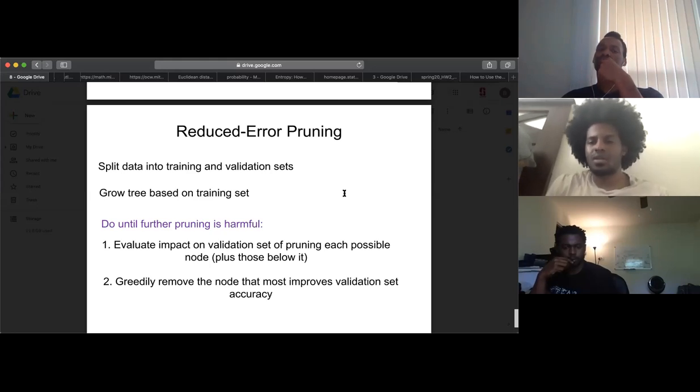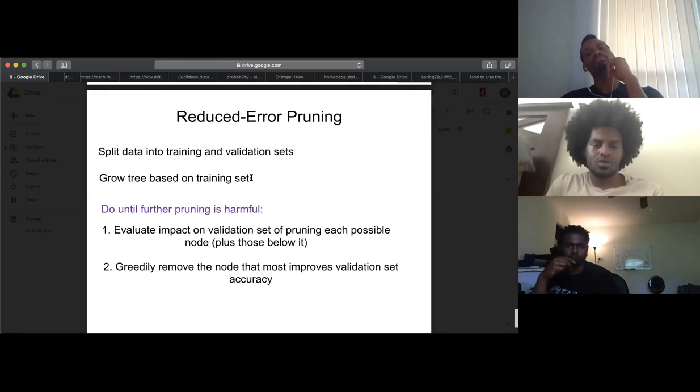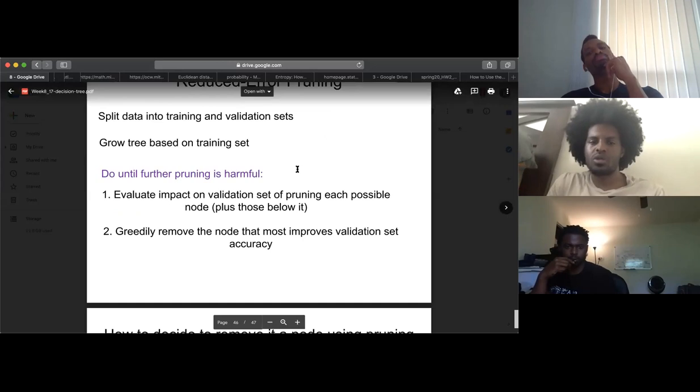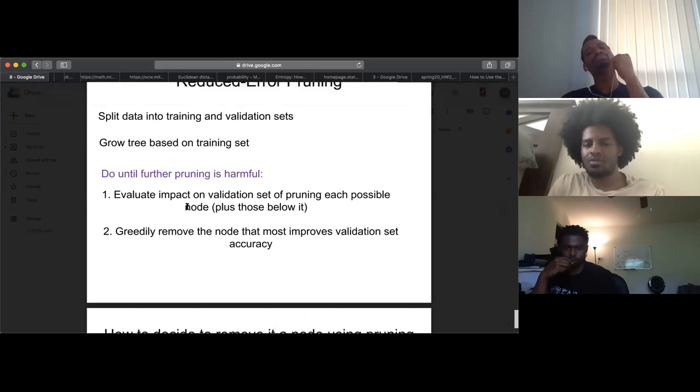And then you use that calculated error to determine which leaves you should remove to reduce the error. So you grow the tree based on the training set, and you do this until further pruning is harmful. You'll evaluate the impact on the validation set for each possible node and those below it, and then greedily remove the nodes that improve the validation set accuracy.